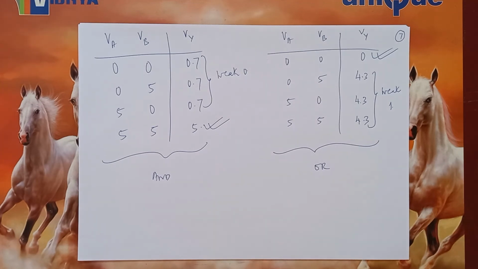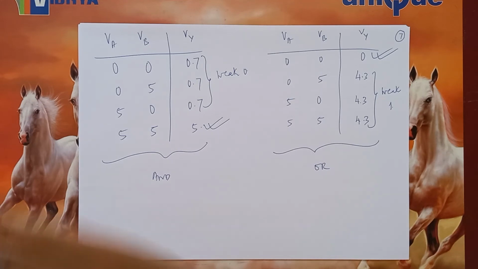So we looked at two basic gates, that is the AND gate and the OR gate. Now what about the NOT gate? That's also a basic gate. The NOT gate has one input and one output.